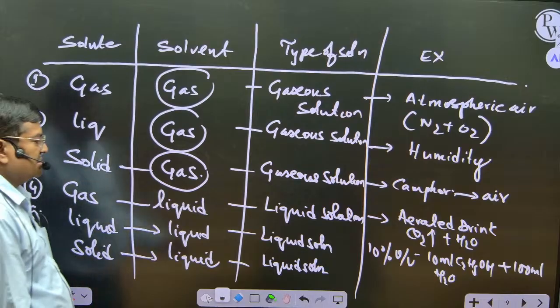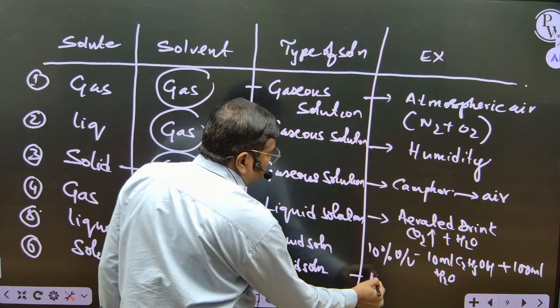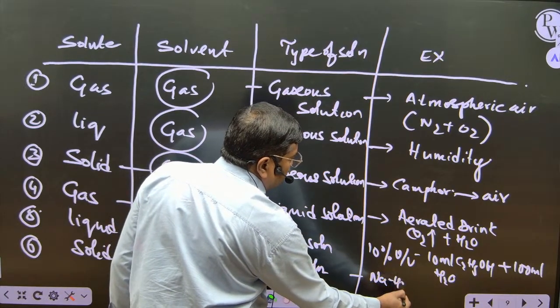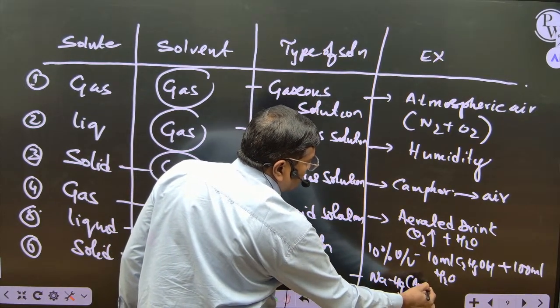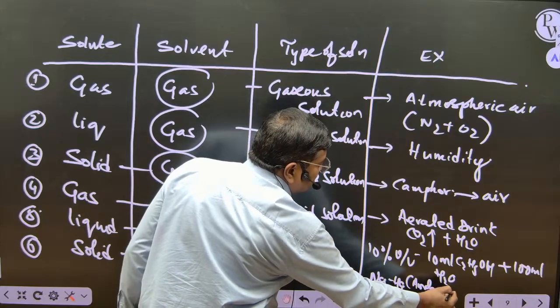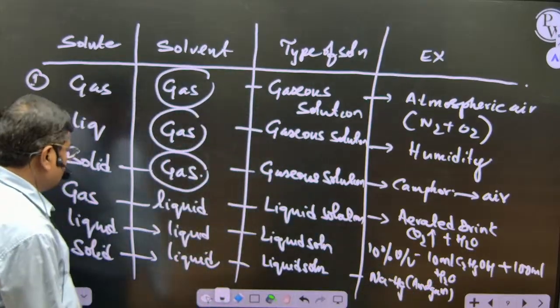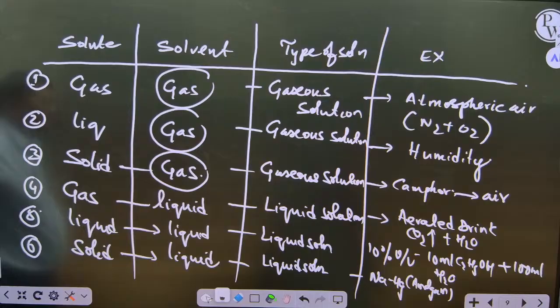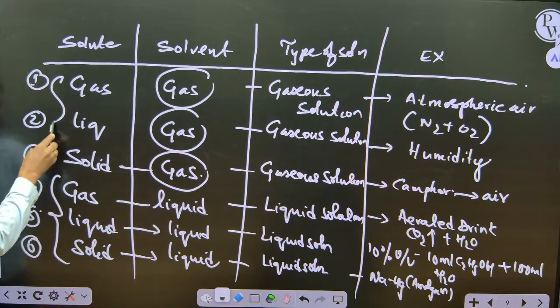You know amalgam, any metal with mercury, sodium amalgam. Amalgam, any metal with mercury is called amalgam. So amalgam comes under solid dissolved in liquid. So these three comes under liquid solution. These three, above three comes under gaseous solution. Copy this and we go for next gaseous solid solution.